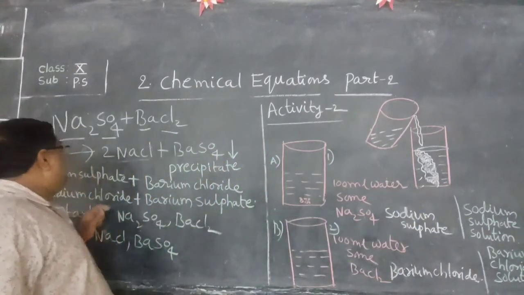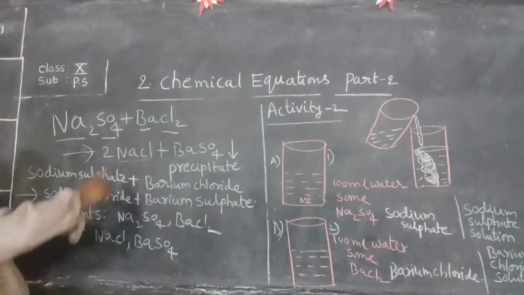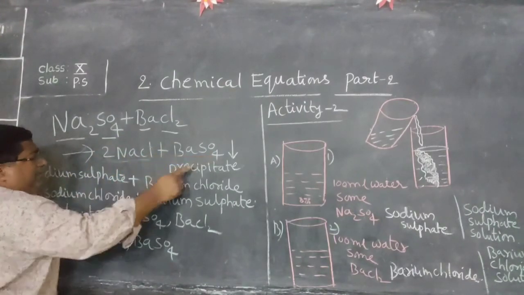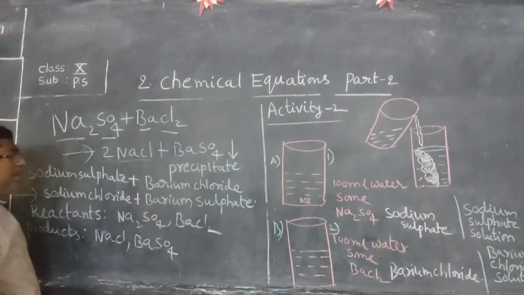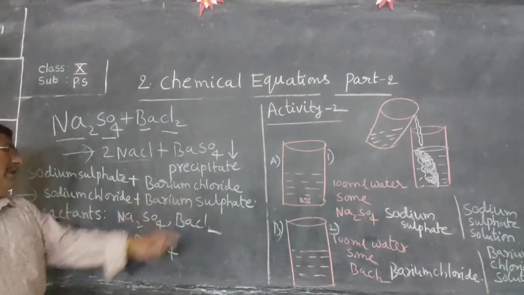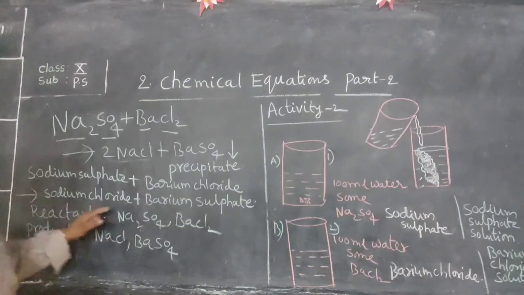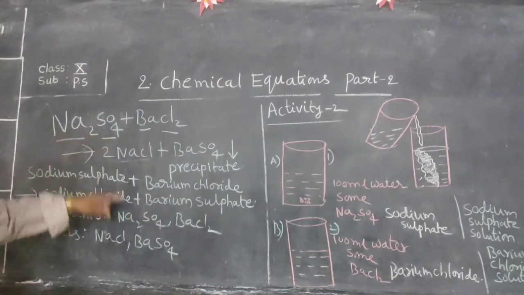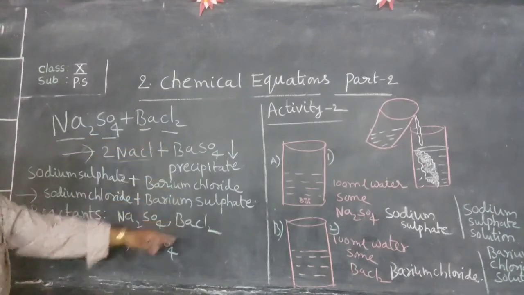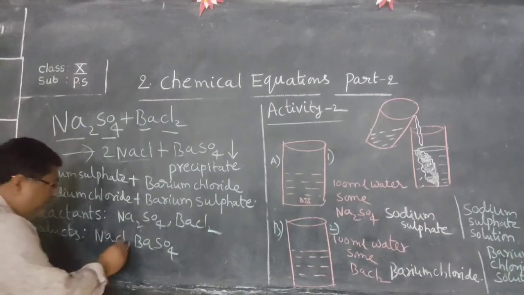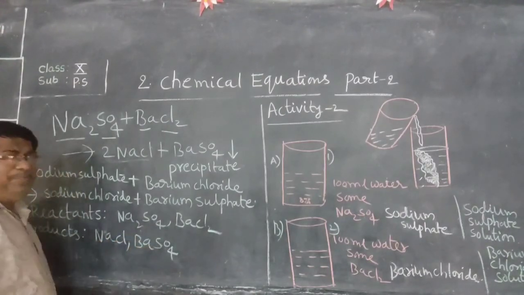The reaction is Na2SO4 plus BaCl2 gives rise to 2NaCl plus BaSO4 precipitate, shown with a downward arrow. In words: sodium sulfate plus barium chloride gives sodium chloride plus barium sulfate. The reactants are Na2SO4 and BaCl2; the products are NaCl and BaSO4.